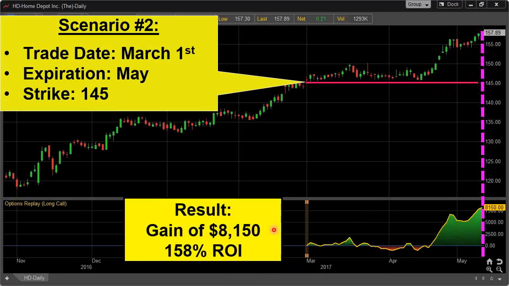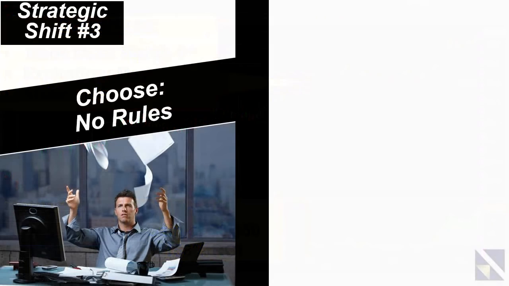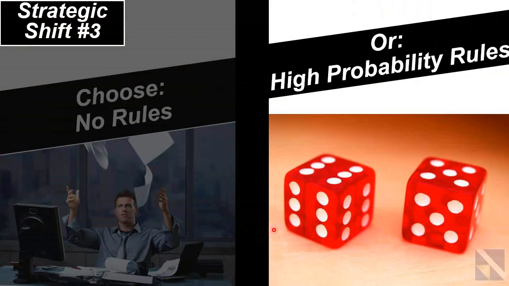So picture that. You're doing the exact same stock, except you just set up the trade the right way. You knew how to set it up the right way. So instead of losing $460, you just gained $8,000. That's how you're going to start to double your annual return. So you've got to move from where you have no rules to where you're using rules that give you a high probability of success.